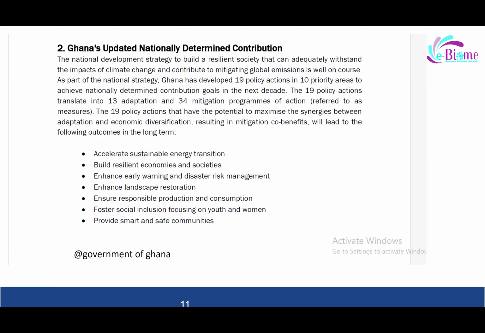Enhance landscape restoration, ensure responsible production and consumption, foster social inclusion, that is focusing on youth and women, and then provide smart and safe communities within the country, especially for vulnerable populations like women, children, and especially girls.